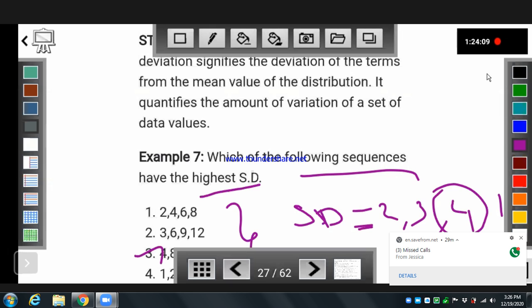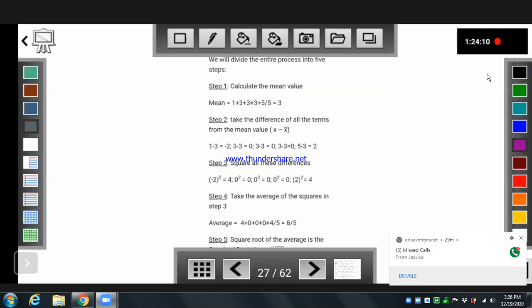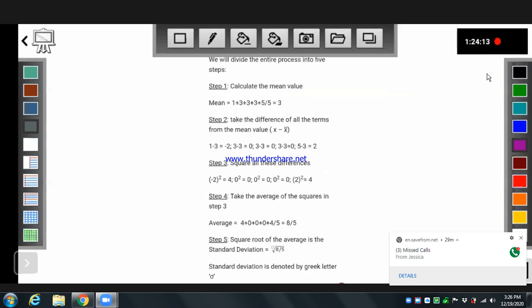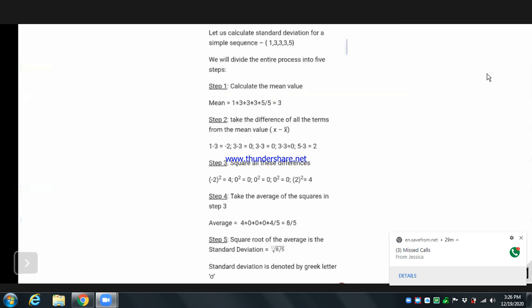If the deviation between two values is the same, it is easy to calculate the standard deviation. If it's not the same, the following steps have to be followed. In this case, the values are 1, 3, 3, 3 and 5. The deviations between the values are not the same: between 1 and 3 is 2, 3 and 3 is 0, 3 and 3 is 0, 3 and 5 is 2.